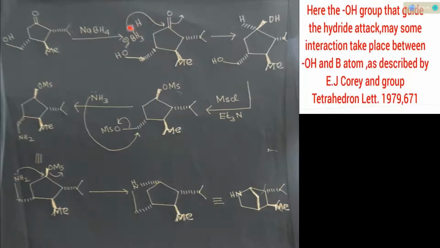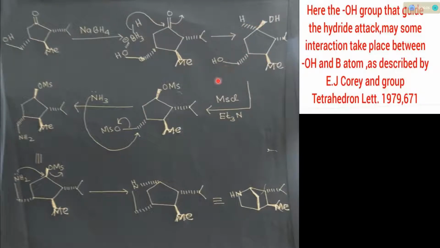That's why hydride transfer takes place from the back side, means below this plane. So hydride should be below and accordingly OH should be above the plane. In this paper they mention that some interaction between boron and oxygen takes place, that's why this OH group guides the hydride attack in this case.